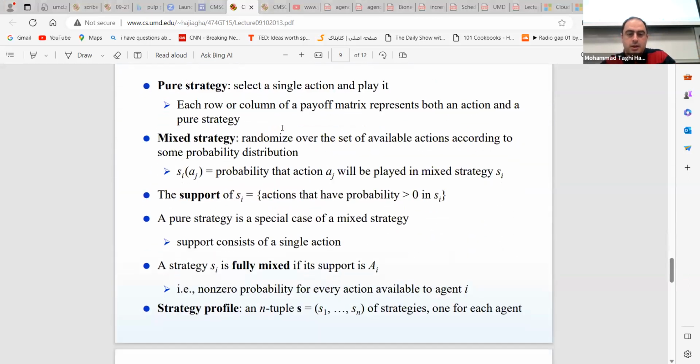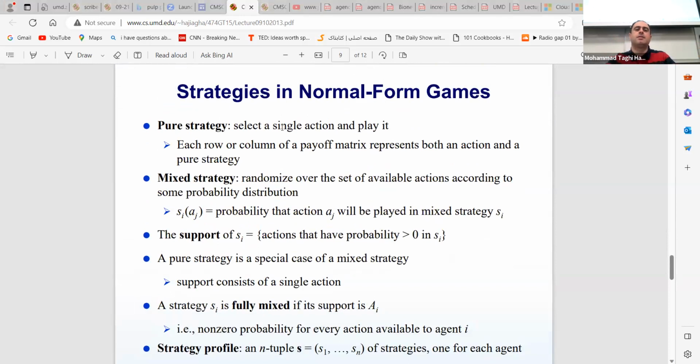Good. Now that we have defined these games, let's go a bit more formal. Here we are using pure strategies. Pure strategies are the same as actions. Here we consider essentially the normal form games.